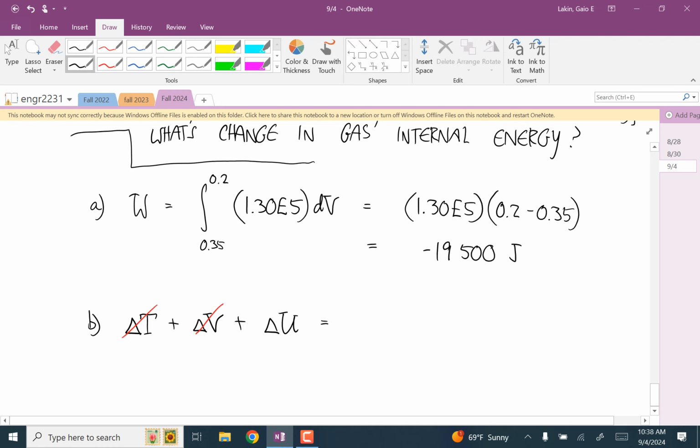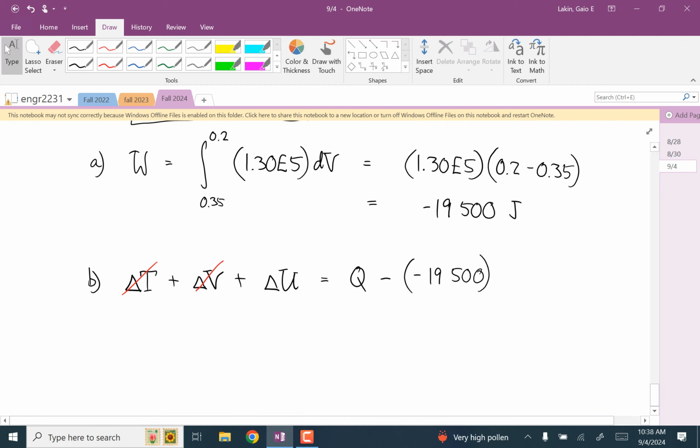And this is equal to Q minus W. This is the kind of stuff where that sign convention can give you fits. And so what we get, it's insulated, so there's no heat transfer. So Q is 0. And so the change in internal energy is positive 19,500 joules.